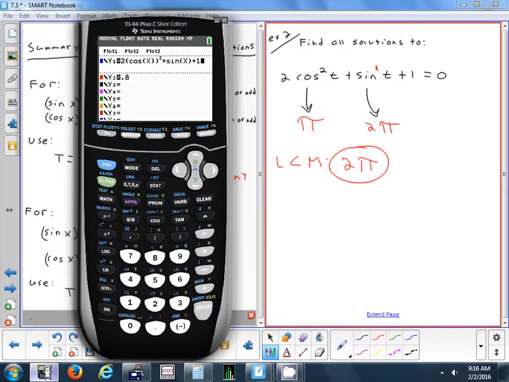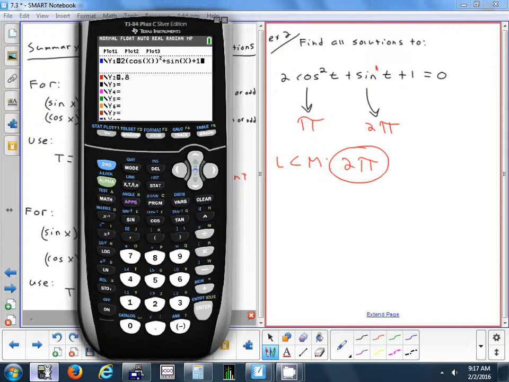All right, now let's figure out the highest that this function can go. What's the highest that cosine normally goes? Negative 1 is the lowest, so 1 is the highest. What do you get if you square 1? 1.